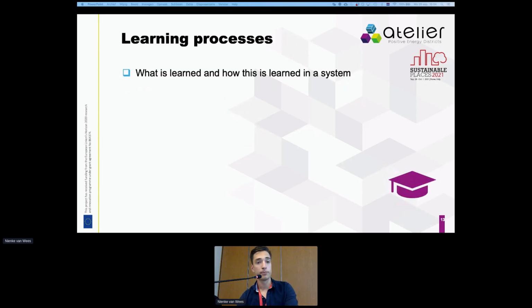Looking at learning processes, we're talking about what is learned and how this is learned within the system. And there are two things crucial to this. So, first of all, learning is often happening everywhere in such large projects, but it's oftentimes not very well captured. And learning often remains very embedded within the actors and not really shared among the whole actor network.